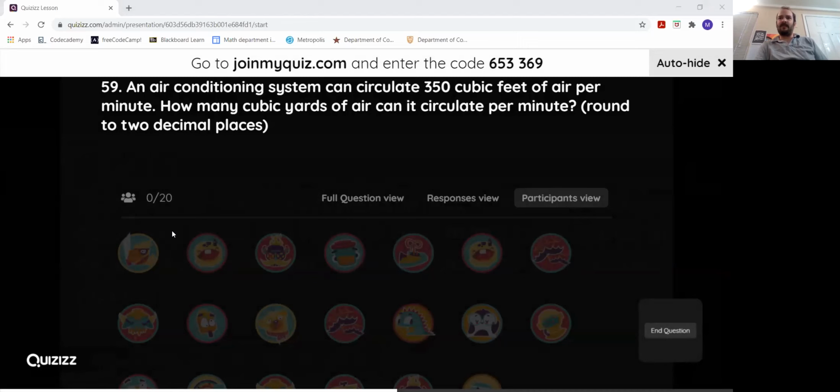So if the single unit is 1 to 3, the square unit would be 1, 2. What do we round to? It should be 2 decimal places. And how many cubic? So how many square feet are in a square yard?